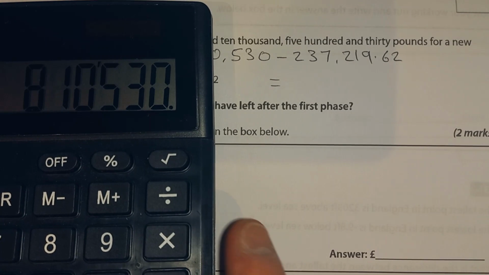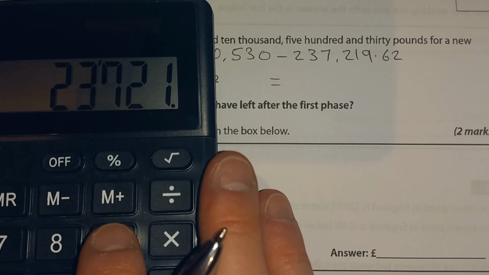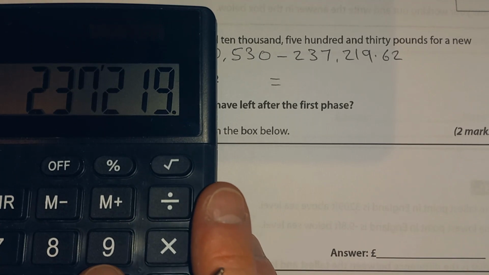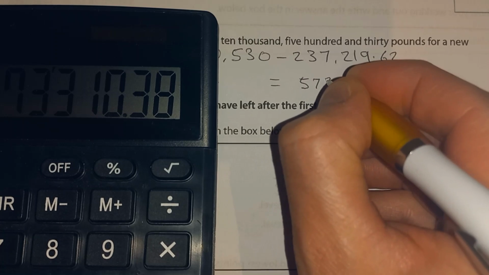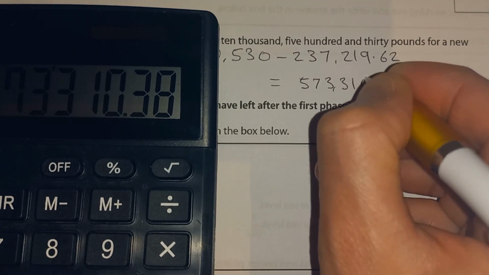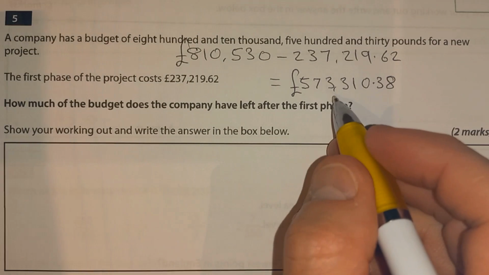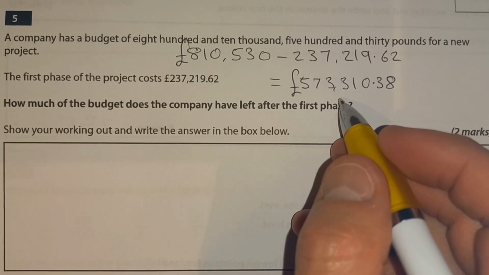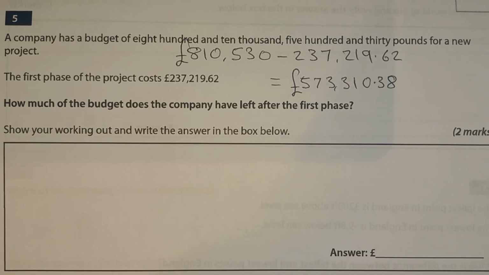I'm going to be efficient in the exam. And we get 573,310.38. So £573,310 and 38 pence. Again, we can write that in here.